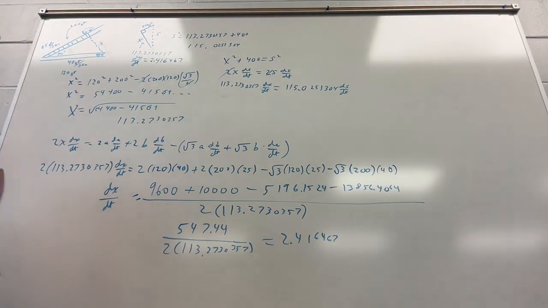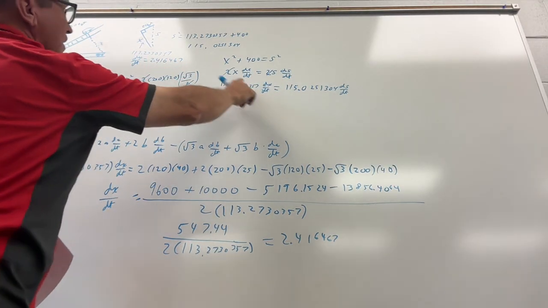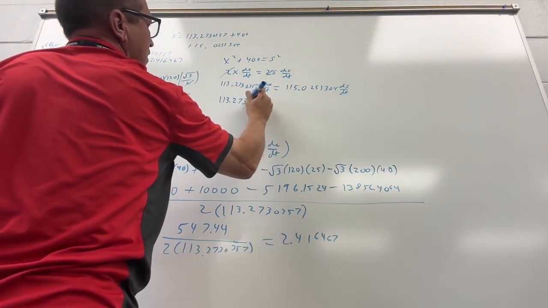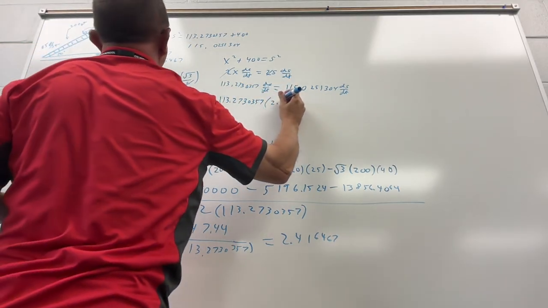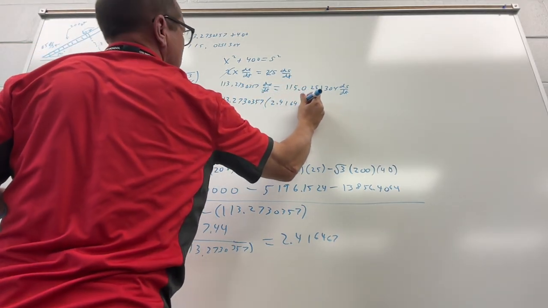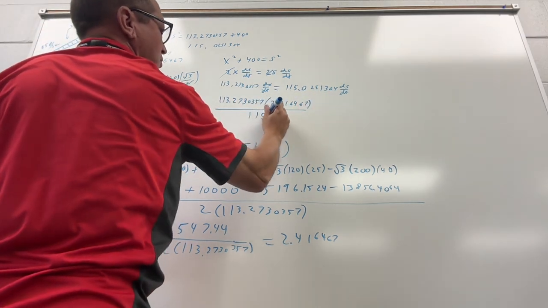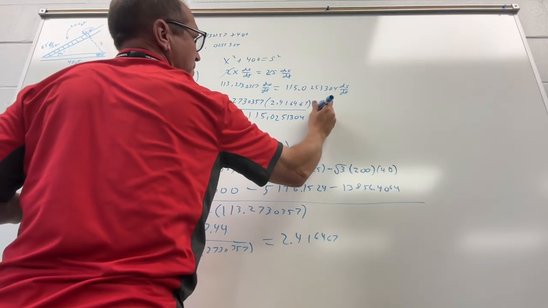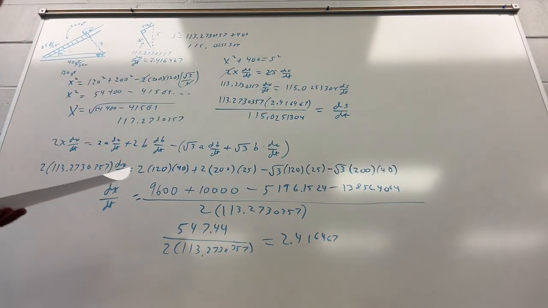Now we go back to the earlier step. We just found dx/dt, so it's 113.2730357 times 2.416467, and we divide this by 115.0251304 to get our ds/dt.